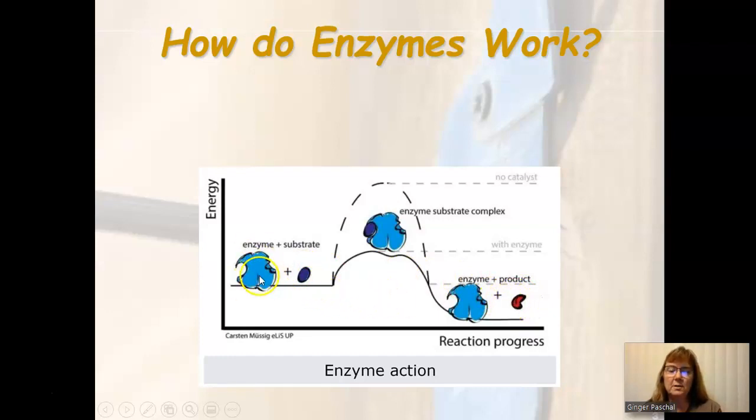Without the presence of this enzyme, this substrate would have to overcome this huge amount of energy. It's very much like striking a match. If we were in class, I would hold a match up in front of you and say, okay, will this match light by itself? Well, obviously it won't. So we have to put in activation energy. That's why we strike the match against the box that's got the rough structure.